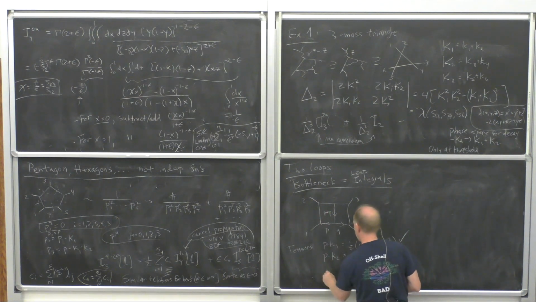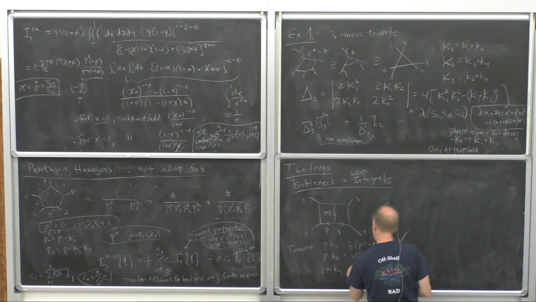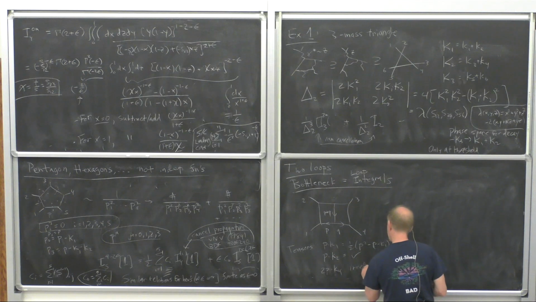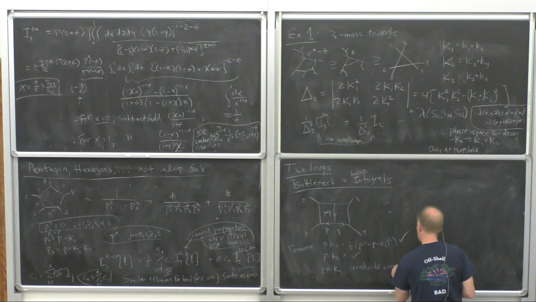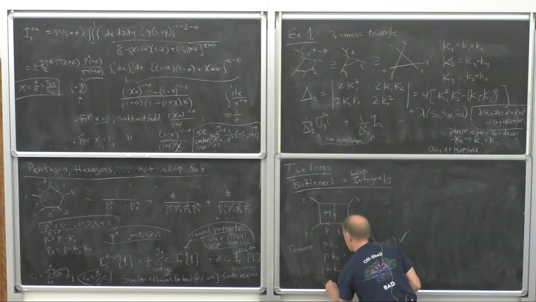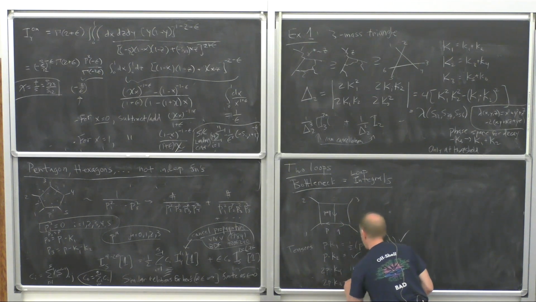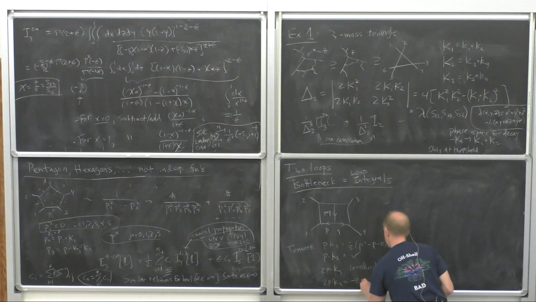But if we are handed P dot K4, that's what we call an irreducible numerator. You might also worry about 2P dot K3, but that's not independent.